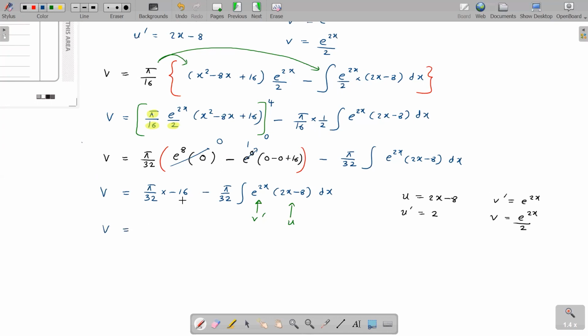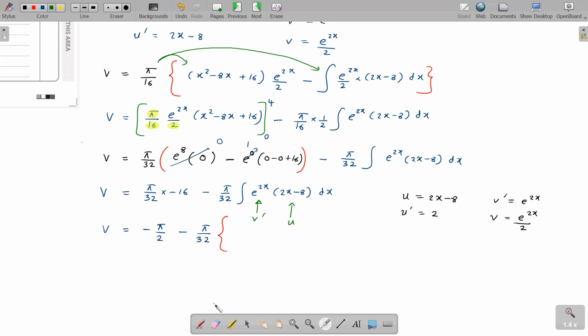Can you all simplify minus 16 over 32 here? Minus half, right? Minus half pi. Is that okay? So I get here minus pi over 32. Let's use the uv minus vu dash rule again, integration by parts.